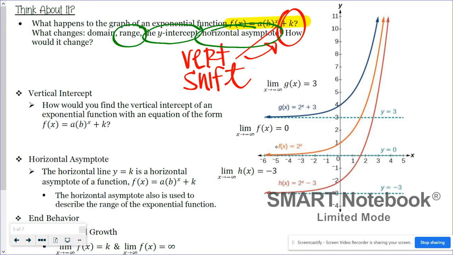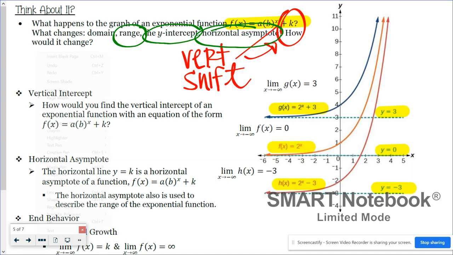Our parent function is 2 to the x power. The one in blue is 2 to the x plus 3, and the one in red is 2 to the x minus 3. Our original function had a horizontal asymptote of y equals 0. g of x, the blue function, has a horizontal asymptote of y equals 3. h of x, the red function, has a horizontal asymptote of y equals negative 3.